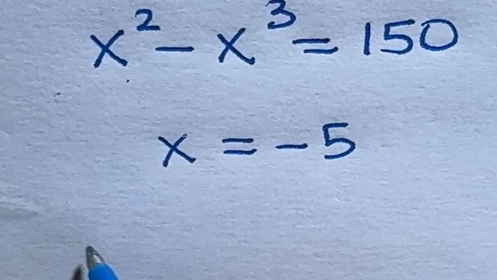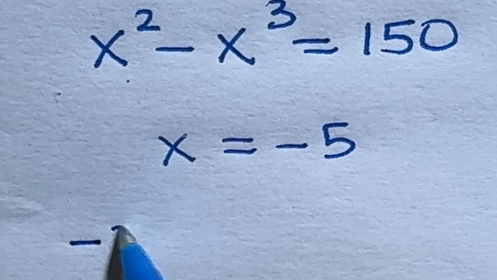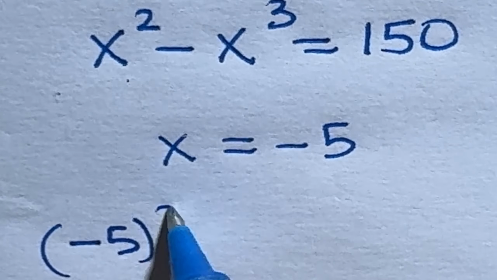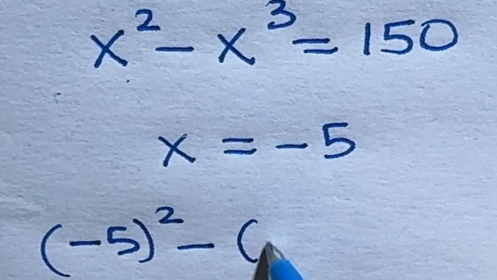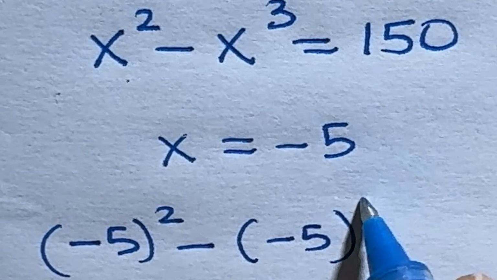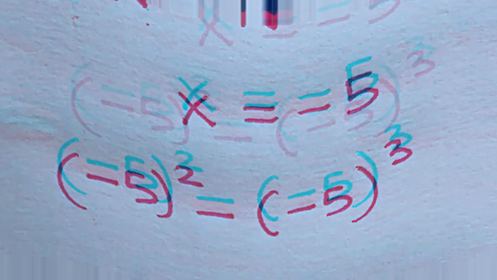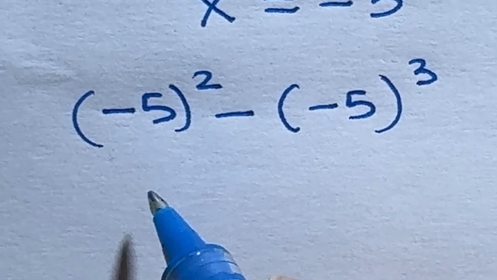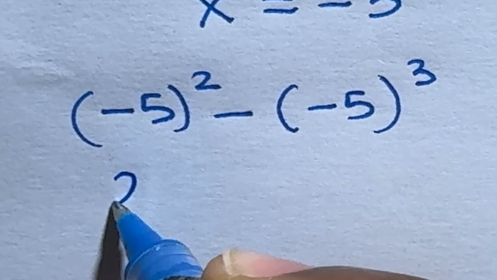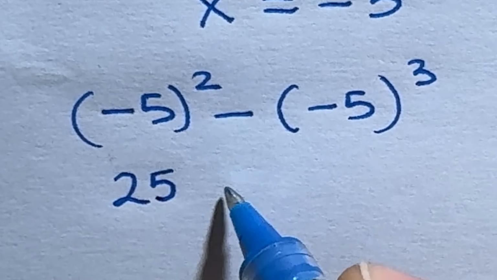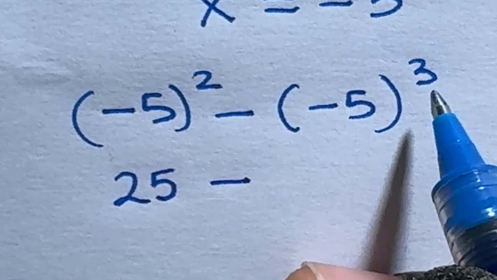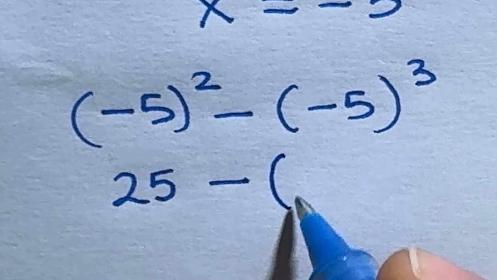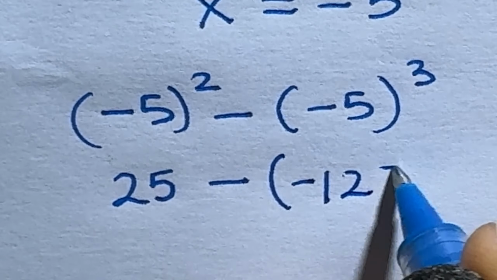This implies we now have negative 5 squared minus negative 5 raised to power 3. Negative 5 squared is 25. Then minus negative 5 raised to power 3, which is negative 125.